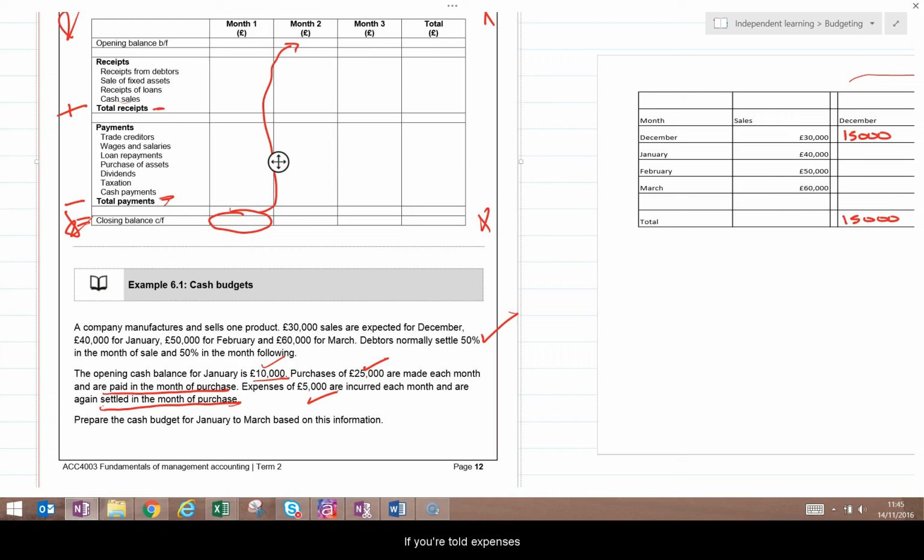So if you're told expenses of £20,000 include £5,000 of depreciation, the actual expense figure that you would put into your cash budget would be excluding your depreciation. So if it was £20,000 including £5,000 of depreciation, the figure that you are actually going to pay is £15,000. You are not going to pay that depreciation, so do not put it into your cash budget.